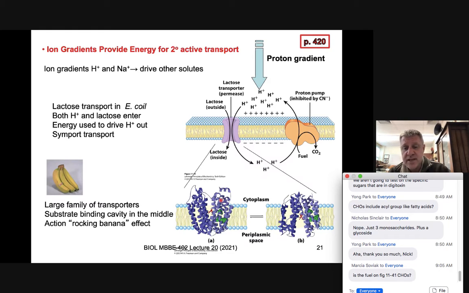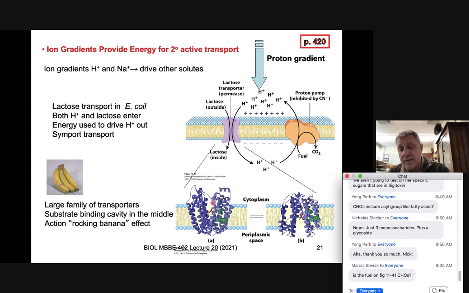What we actually see here is the actual system. We know what it looks like because we have three-dimensional structural analysis of how the protein opens and closes. At the moment, the transmembrane constituent of the transporter is closed, and we're going to have the protons come through, as well as the lactose being bound to the transporter.